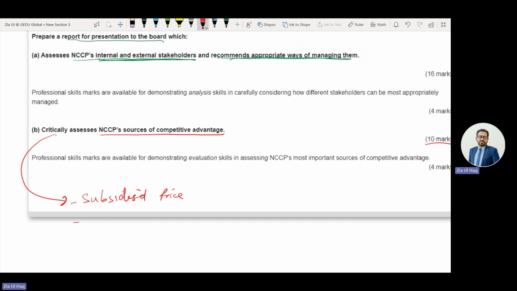Your position will be strong when you are having more market share, more customers as compared to others. So we need to pick the point from the scenario. Regarding that, we can show that yes, the company will be having more participants as compared to others. People will prefer this organization more as compared to others. Like this we can explain. Lower prices. Exactly. And then the company is having a long establishment.